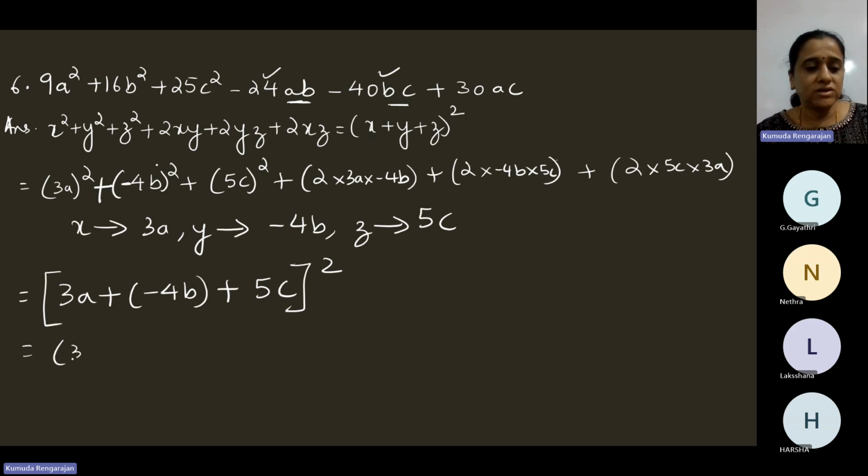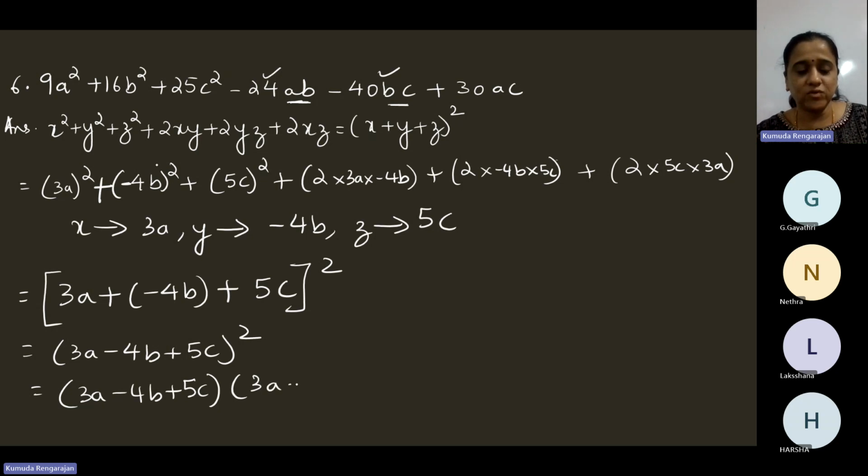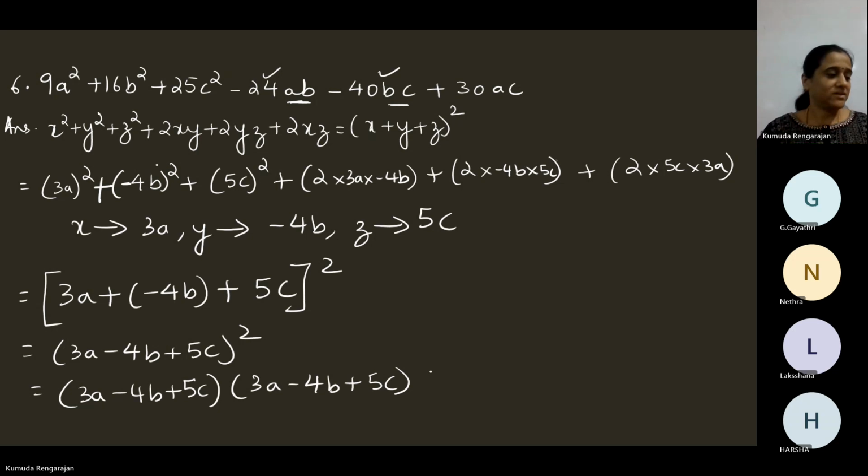So this is 3a minus 4b, because plus into minus is minus, plus 5c the whole square, which is nothing but 3a minus 4b plus 5c into 3a minus 4b plus 5c. I did it 2 times because the power is 2. Right?